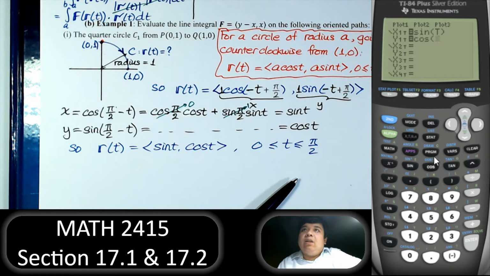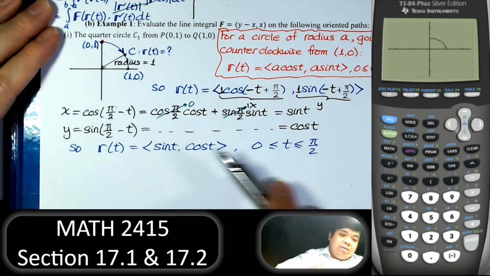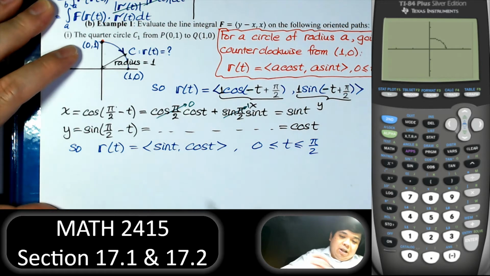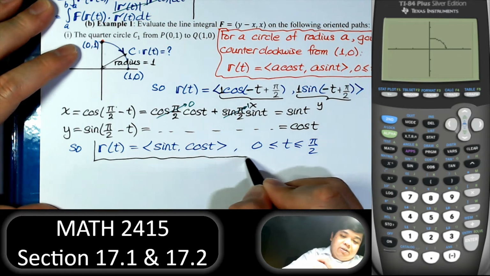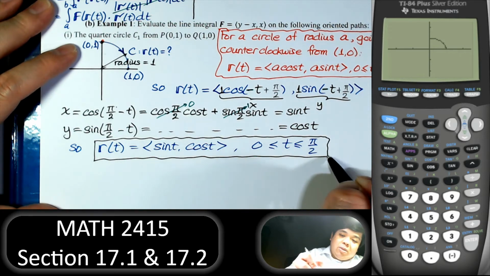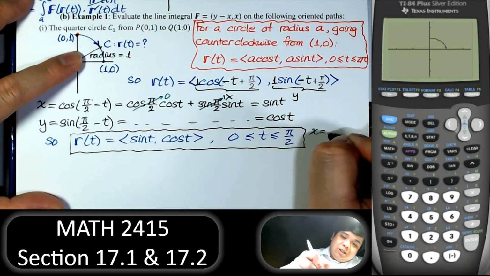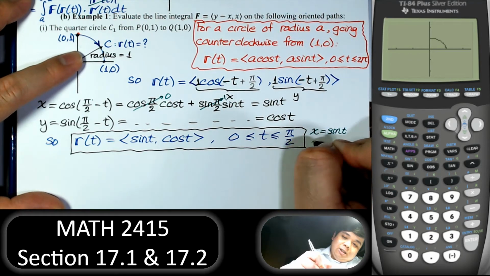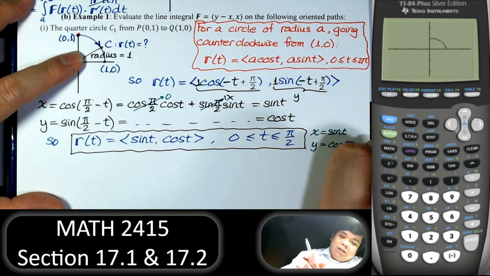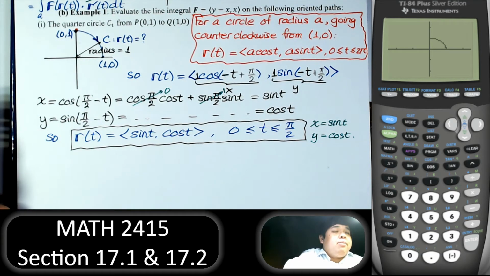The first step is always to parameterize the curve, so we know which one is x and which one is y. In this particular case, x is equal to sine t, y is equal to cosine t. That's good, right?